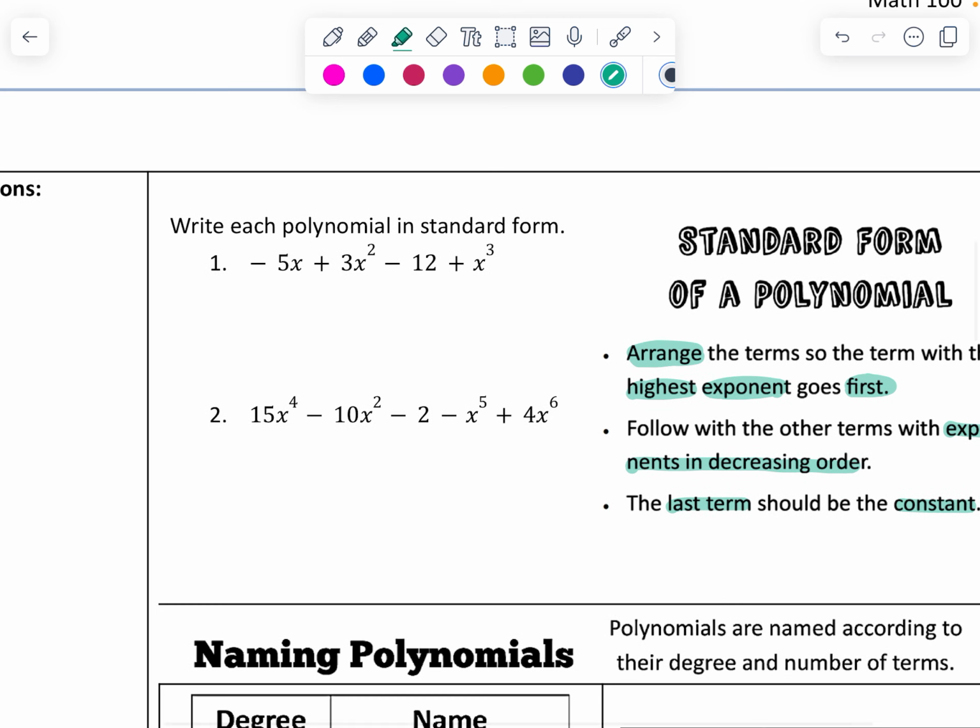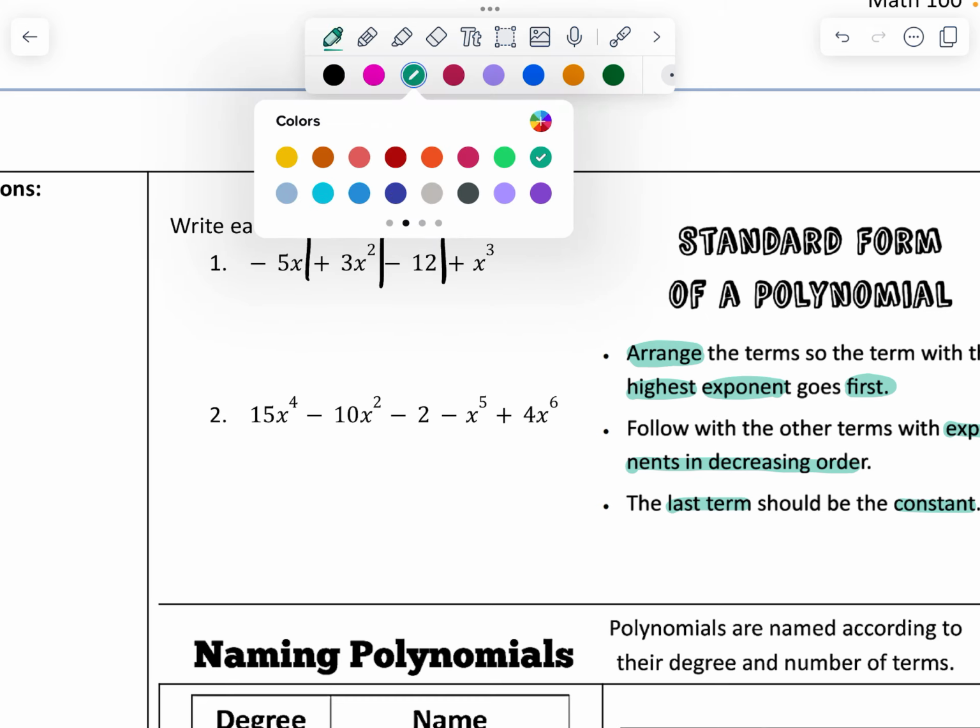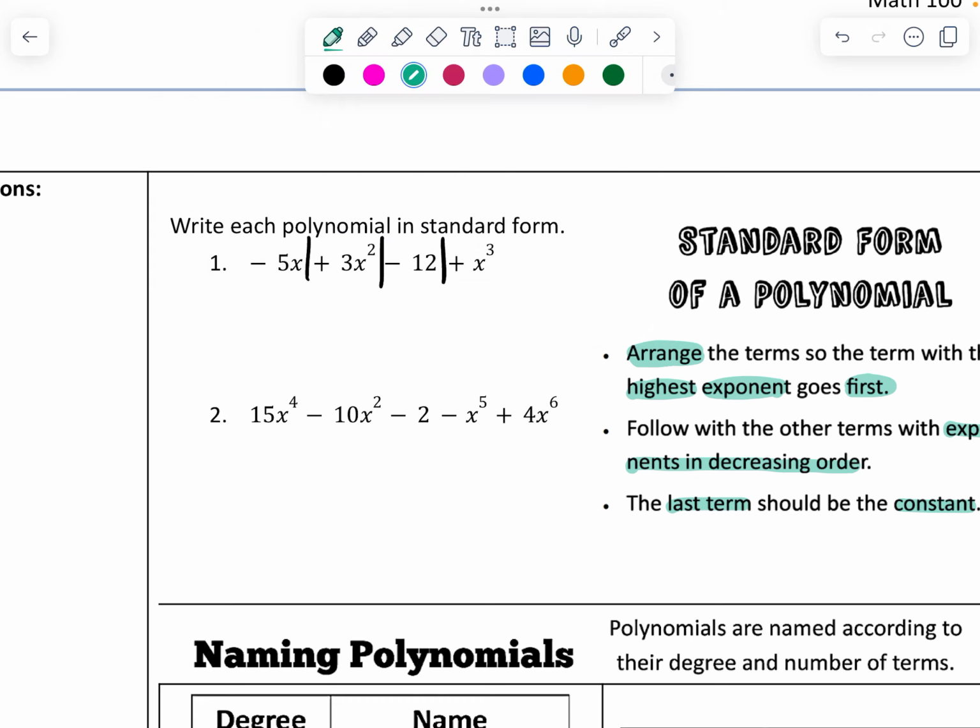Going back to one of the first lessons we did when we were identifying separate terms, I'm going to draw a little separation in front of each plus or minus sign, just so I can clearly see I have 3 terms, and which ones are positive and which ones are negative. Now I'm going to rearrange them starting with the highest exponent. The highest exponent would be 3, that's with the x, so x cubed will be my first term.